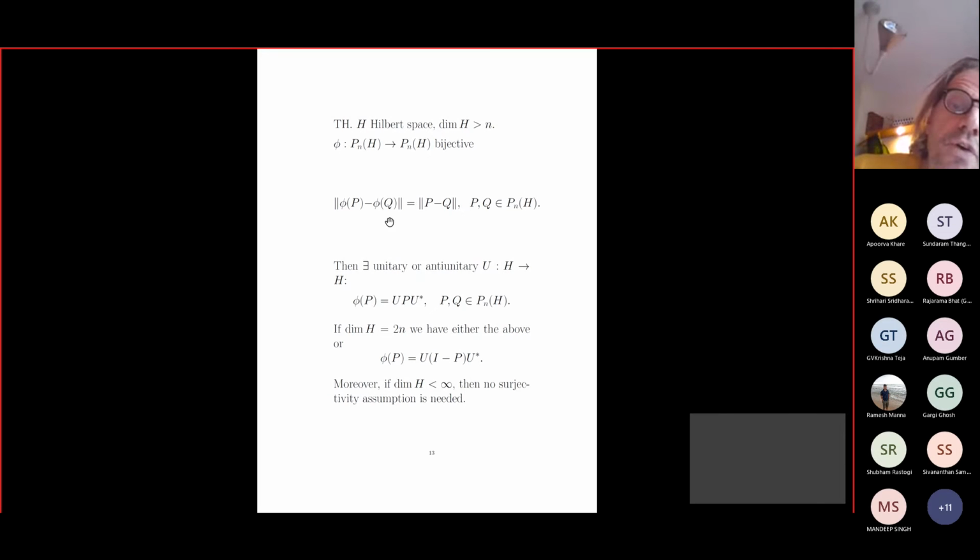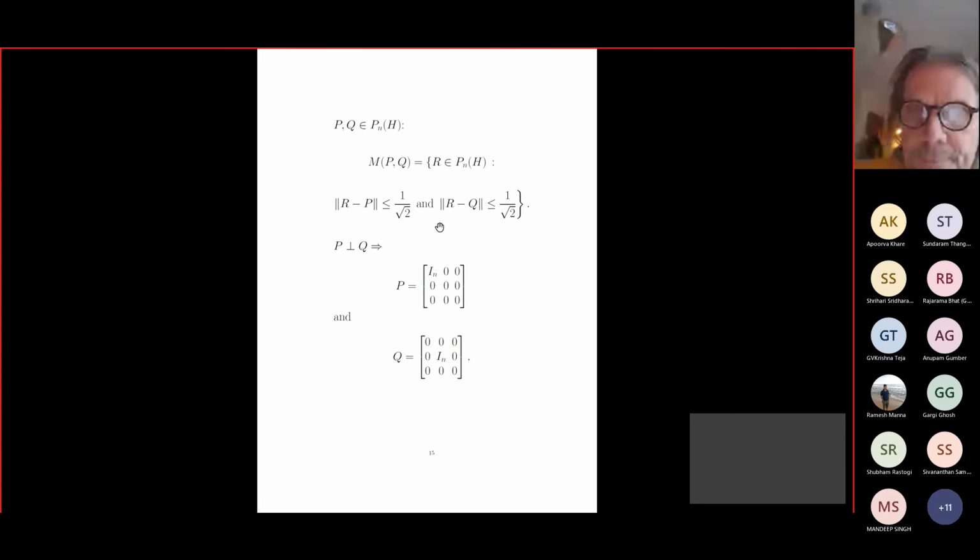What we have here, the norm is preserved, and the fact that the norm is preserved means that just the largest principal angle is preserved. We have no idea what is going on with the other principal angles. So when n equals 1, the mutual position of subspaces is preserved, while here just the largest principal angle is preserved, and we have no idea what happens with the other principal angles. So this problem was much more difficult.